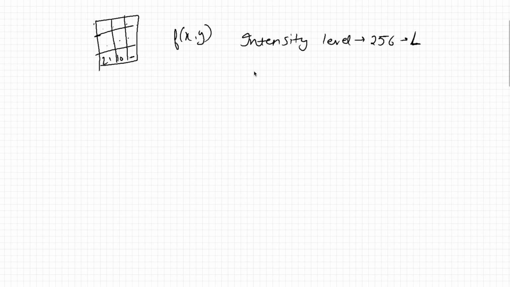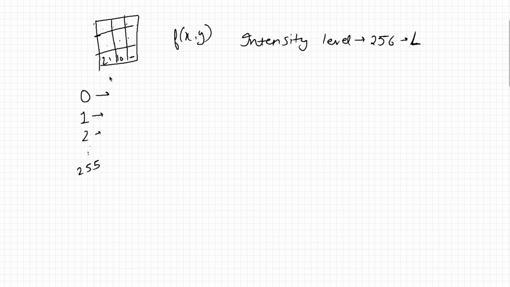Right, so given an image, we can calculate how many times 0 occurs, how many times 1 occurs in this image, and 2, and so on up to 255, because 256 is the total, so the range is from 0 to 255. Now we can calculate this, right?